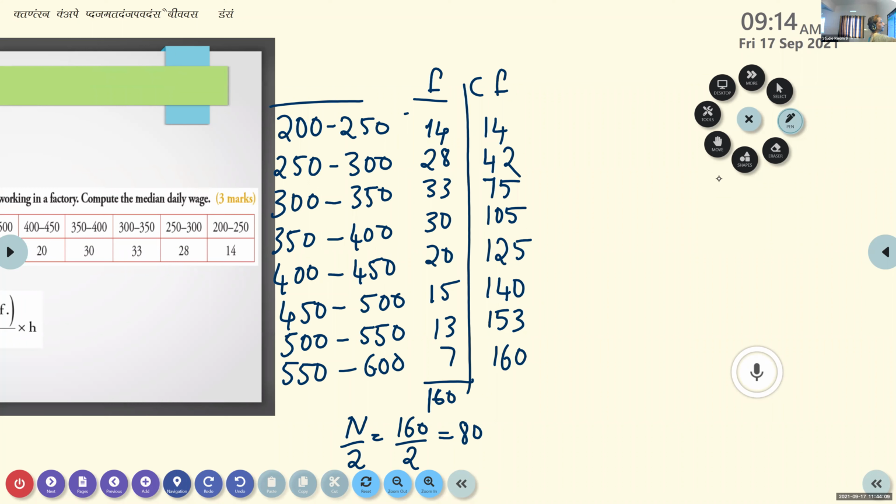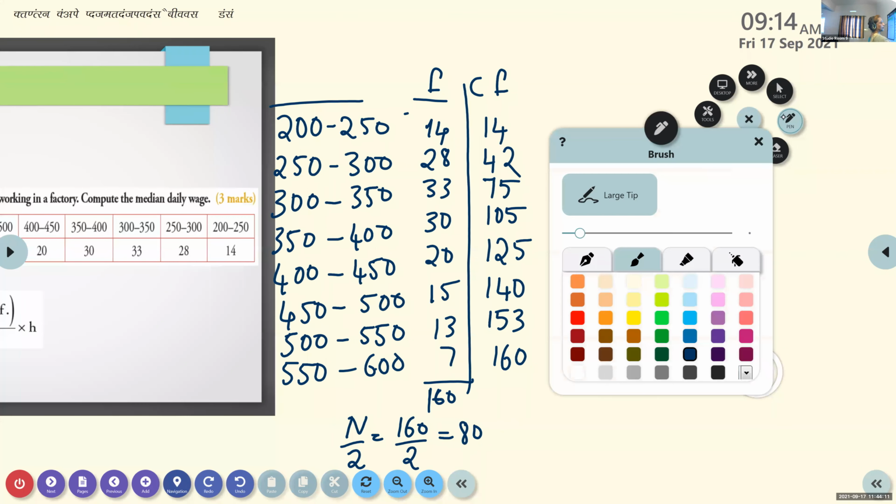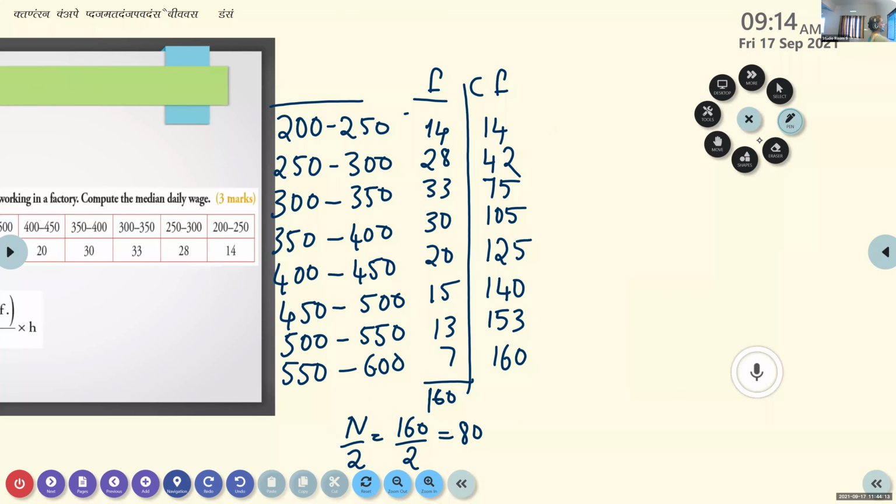So that we have to take as the median class here. So 105, the 80 number comes. So which one is the median class? That is 350 to 400, right? Now apply that.